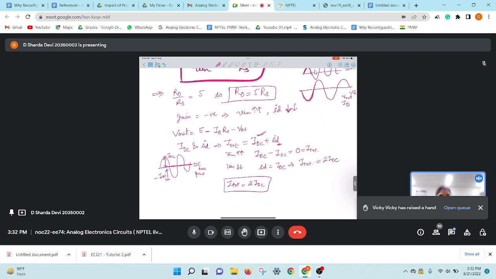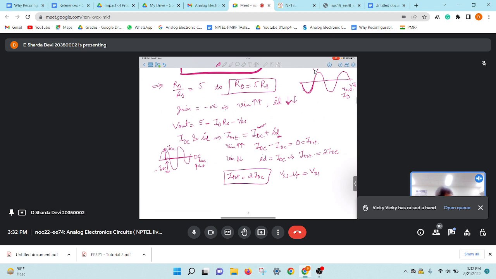So how low can Vn go? Your MOSFET should be turned on, and your VGS minus VT will actually be equal to VDS. Is this clear?